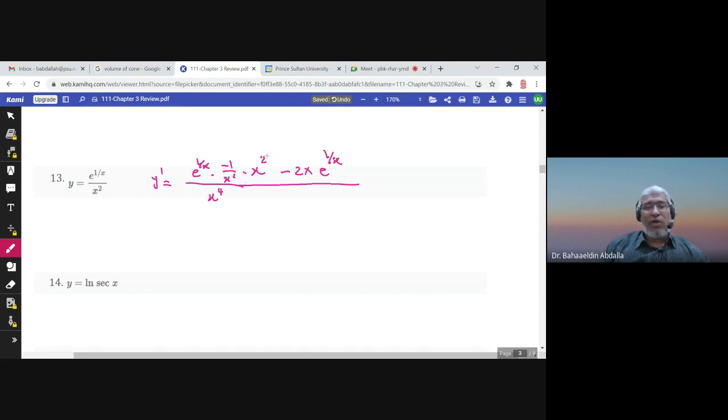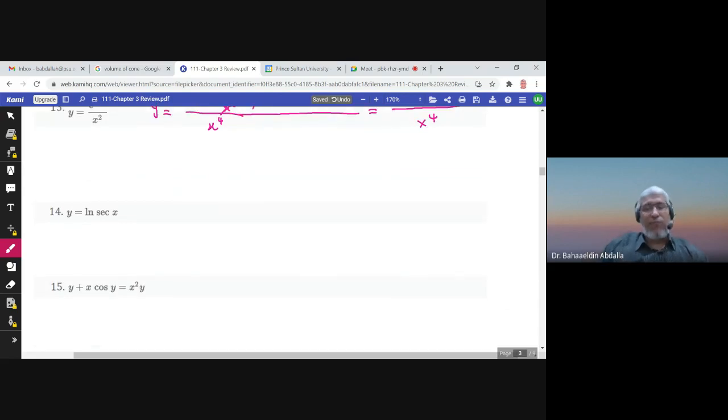Well, this x squared cancels with this x squared. So I have negative e to the power 1 over x minus 2x e to the power 1 over x, all over x to the power 4. You can take e to the power 1 over x as a common factor if you like, or you can leave it like this.